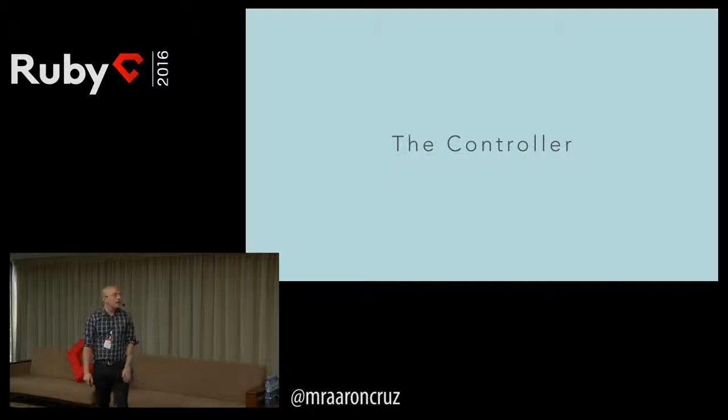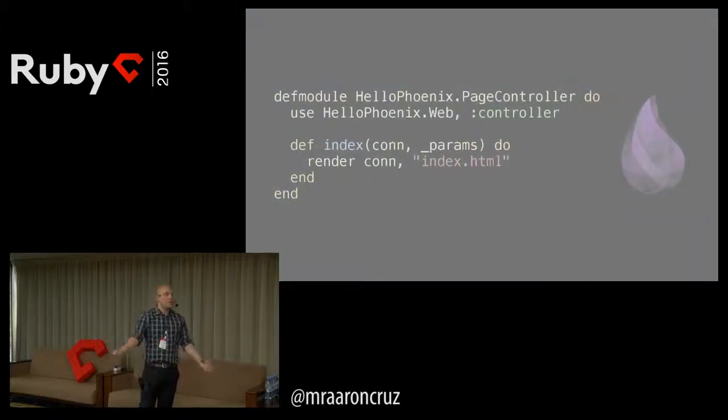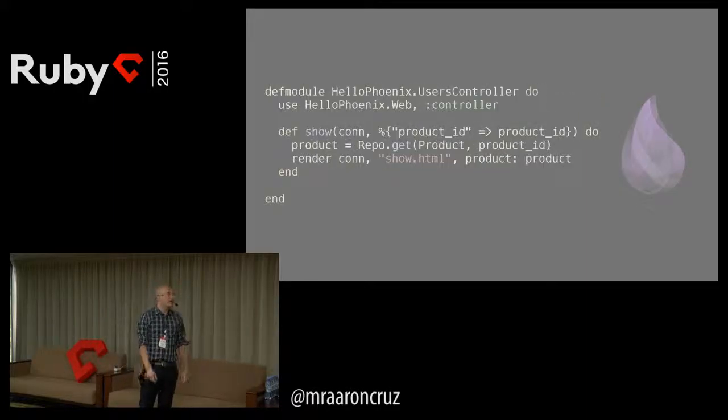So in the controller, this probably also looks really familiar. We have an index action, and we take the connection and some params, so any of the params that came from the HTTP request. This is super basic. We just render that with index.html, which is the template that we're using. Here we actually do some pattern matching with our params.